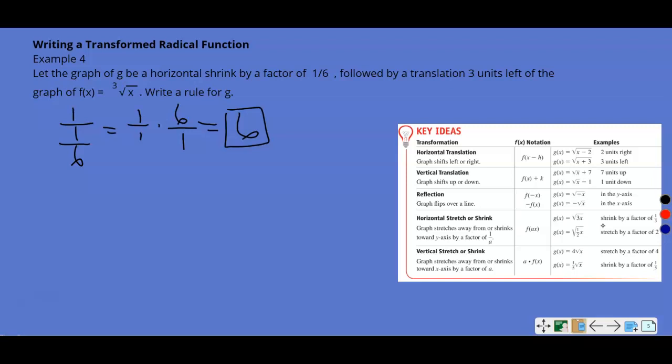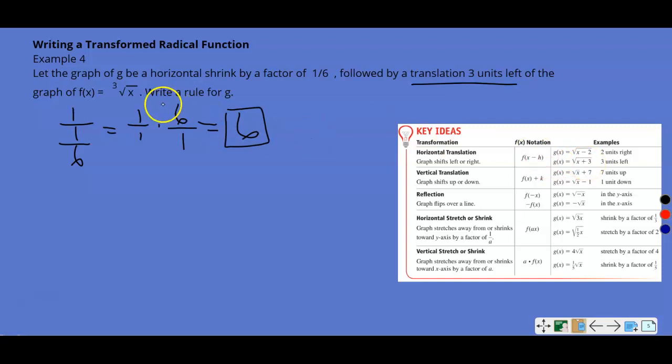And then we have followed by a translation 3 units left. And remember your horizontal translations, if it's left or right, it's going to be underneath the radical sign, and it's opposite the sign you expect. So to go 3 units left, you're moving in the negative direction, but it's actually a positive number under here because it's always x minus h. And x minus -3 makes that a +3.